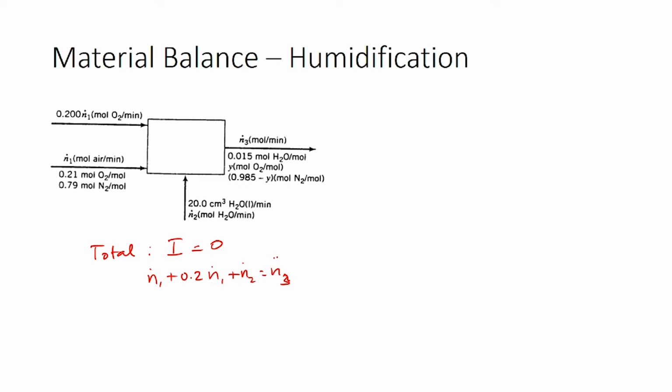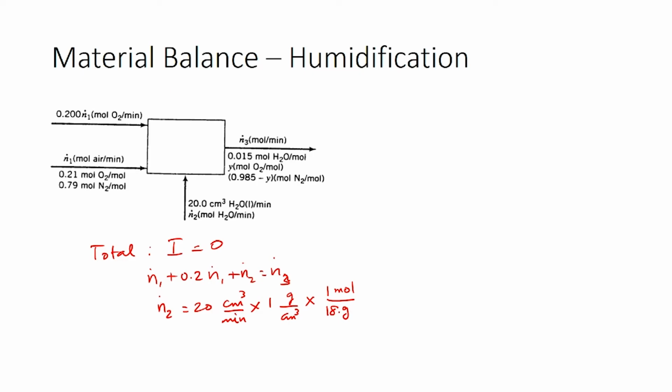Now, we can calculate N2 dot because we know the volumetric flow rate of water. So, N2 dot is calculated as 20 centimeter cube per minute multiplied by its density, which is 1 gram per centimeter cube, which again is converted to number of moles by dividing it with molecular weight, which is 18 grams per mole.